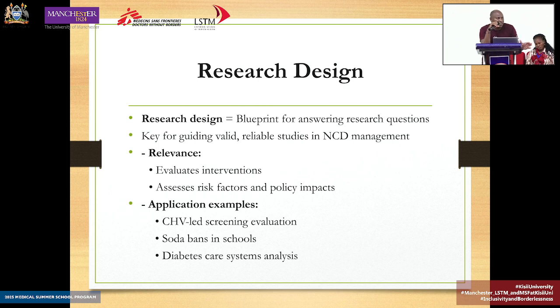Then policy impact. Remember, out of the studies that we conduct, it's where we draw even policy briefs that inform the government, the NGO sector, and other relevant actors who are supposed to implement projects. So research designs can be applicable when you are designing any project, like the screening, soda bans in school, diabetes care system analysis, and all that. Next.